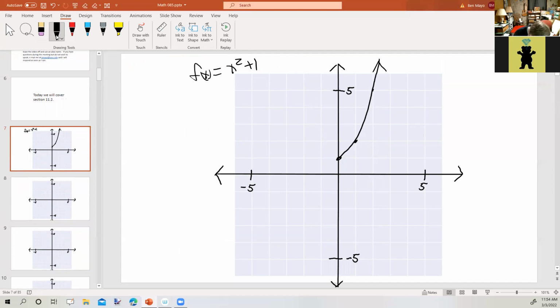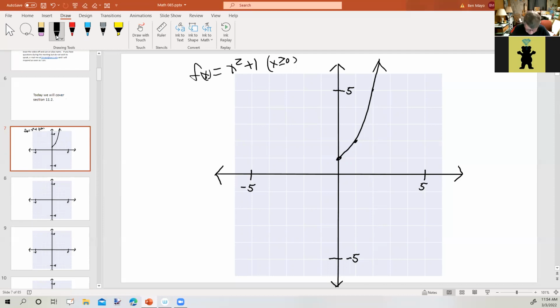So basically, by taking a function and doing some genetic engineering, so to speak, by putting a restriction on the domain, we create a one-to-one function. So far, so good?